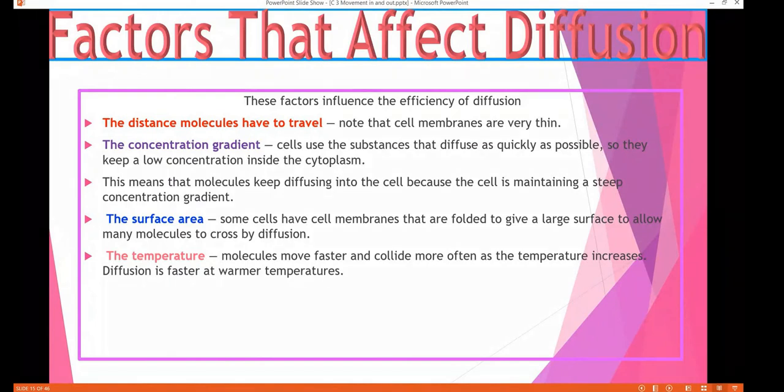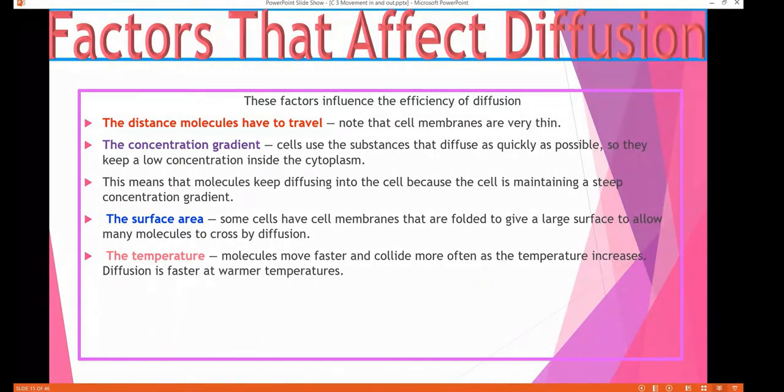Note that cell membranes are very thin. The concentration gradient. You may miss my voice. No problem. You may just read out the colored areas over here, because those are the factors that actually affect the diffusion. The surface area, the temperature.